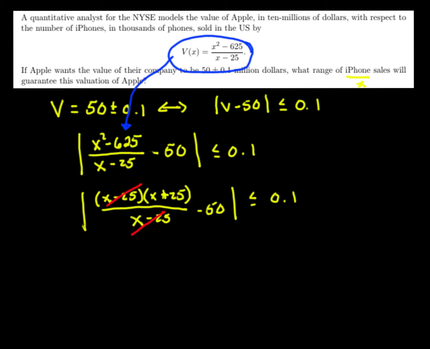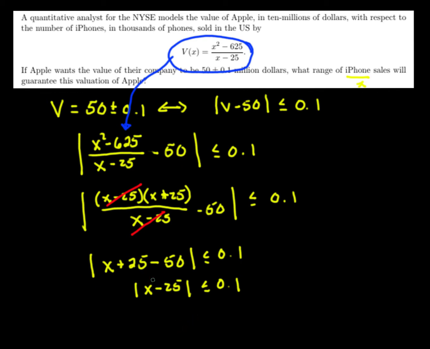And this becomes the absolute value of x plus 25 minus 50 is less than or equal to 0.1, which tells me that as long as the absolute value of x minus 25 is less than or equal to 0.1, then the value of the company will be within 0.1 of 50.